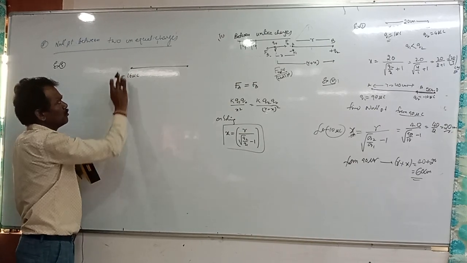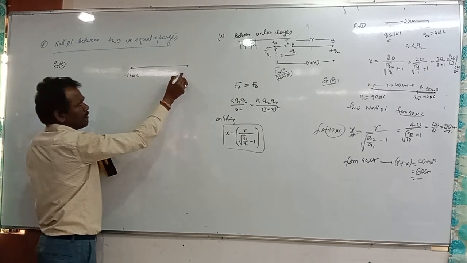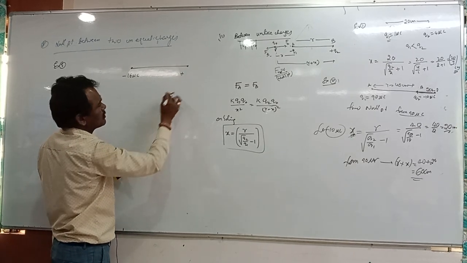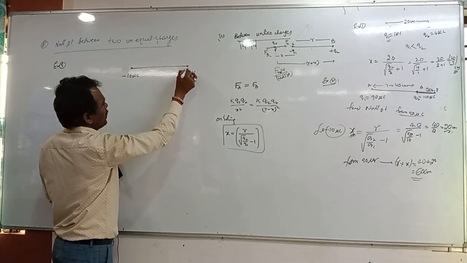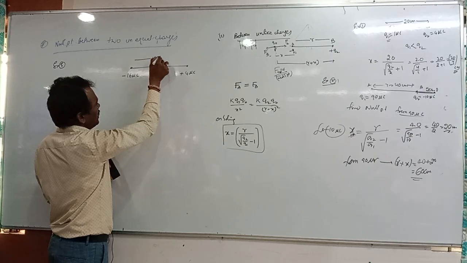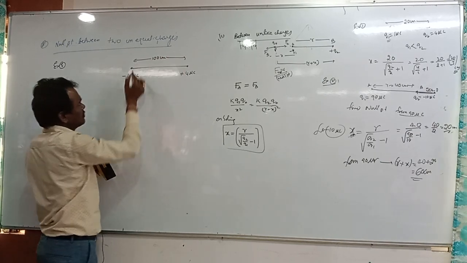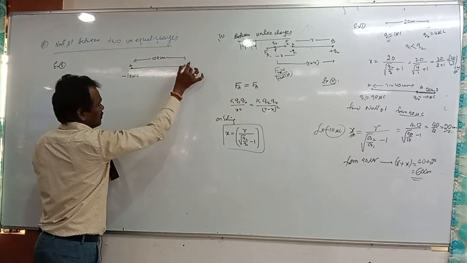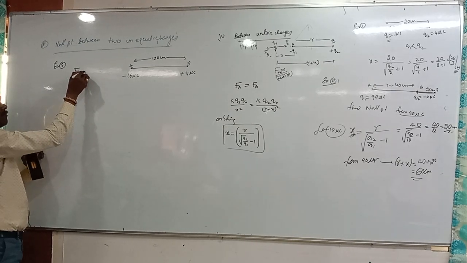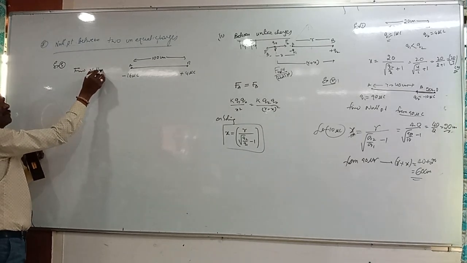Minus 16 microcoulomb and plus 4 microcoulomb are separated by 100 centimeters distance. Right? Find the null point.